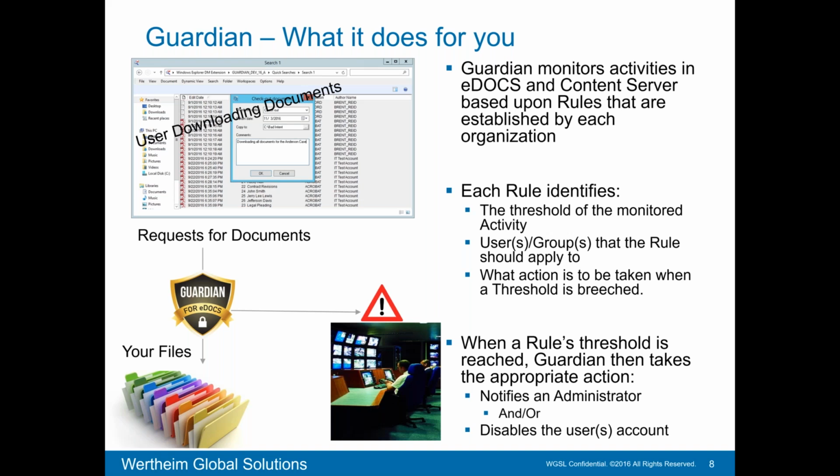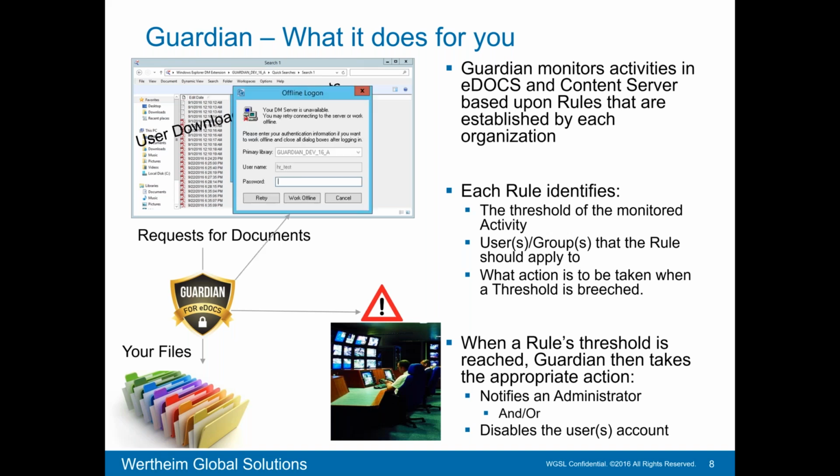So a person who may have a threshold, and I'll use an example where perhaps a person has the rights to export 20 documents in a day because that's their normal activity. When they hit that 30th, perhaps, all of a sudden they get a logout screen. They're offline, and if they try to log in again, they can't. And what then happens is the administrator goes in, using a couple of different alternatives based upon whether you're using the current version or the upcoming version, which Brent will show you.